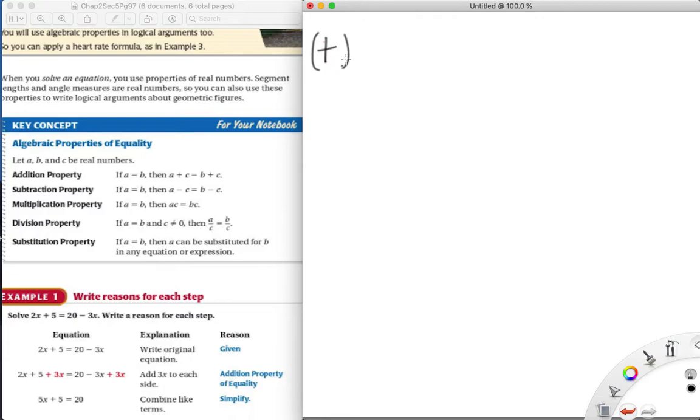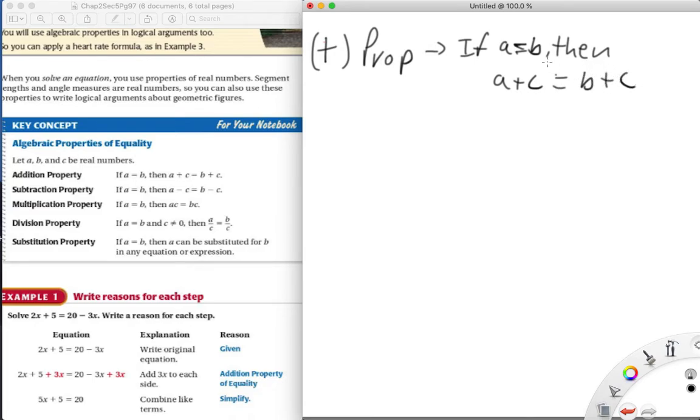The addition property of equality says that if A equals B, then A plus C equals B plus C, which makes sense. If I have two things that are equal to each other, and I add the same thing to both sides, the equal sign remains true.